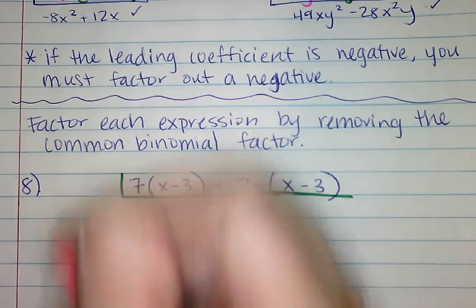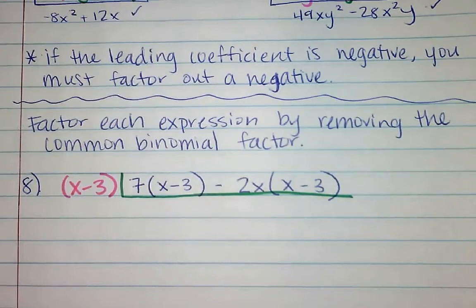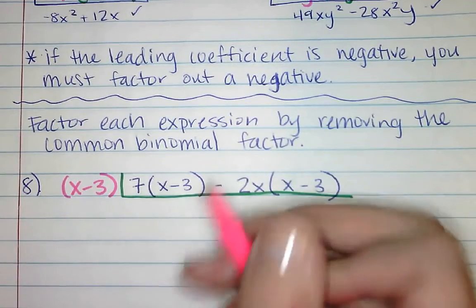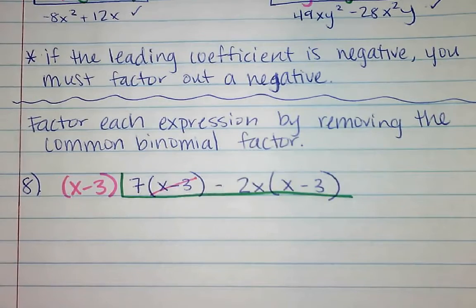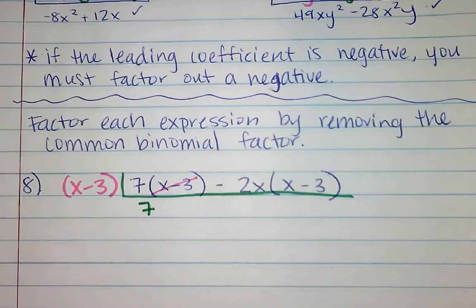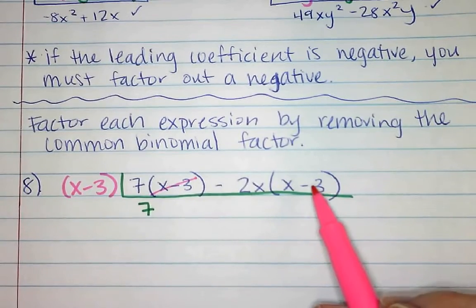Does that make sense, y'all? So, if I divide 7 times x minus 3 over x minus 3, that guy's going to cancel. And all we're going to be left with is 7. If I do negative 2x times x minus 3, and I take out an x minus 3, what are we going to just be left with?